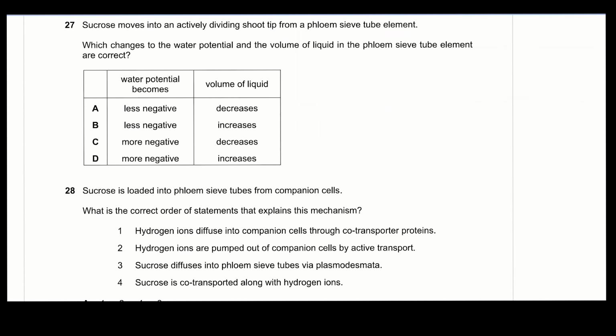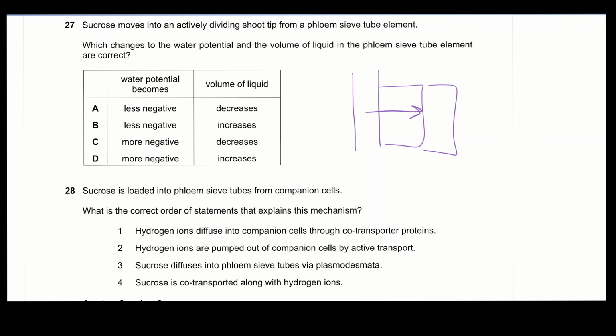27. Sucrose moves into an actively dividing shoot tip from the phloem sieve tube element. Which changes to the water potential and the volume of liquid in the phloem sieve tube elements are correct? So here, sucrose moved from the phloem sieve tube element into a cell.